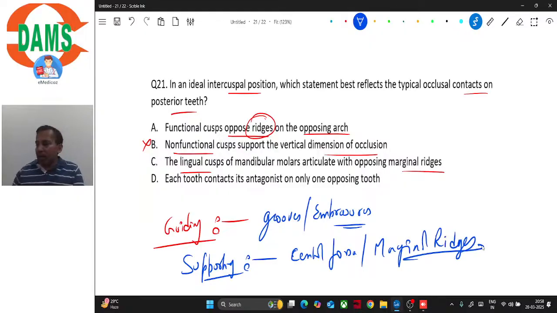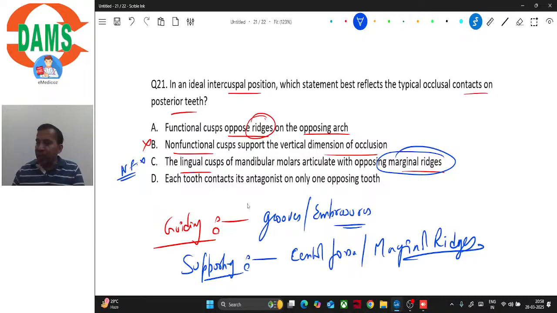So here we are talking about the lingual cusp, that is non-functional cusp, or the guiding cusp. So the guiding cusp cannot occlude with the marginal ridge. So again option C is incorrect, right?